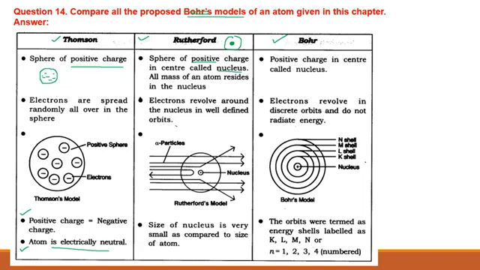Then he told that the electron revolves around the nucleus in a well-defined orbit, because he did the experiment with gold foil.